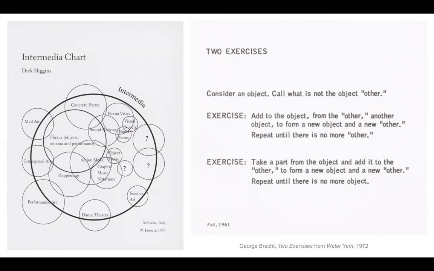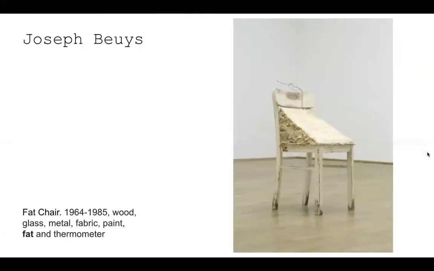So this could be applied to your people really too. Exercise, add to the object from the other another object to form a new object and a new other. Repeat until there is no more other, really blurring these boundaries here. So yes, art is an idea sometimes as well.